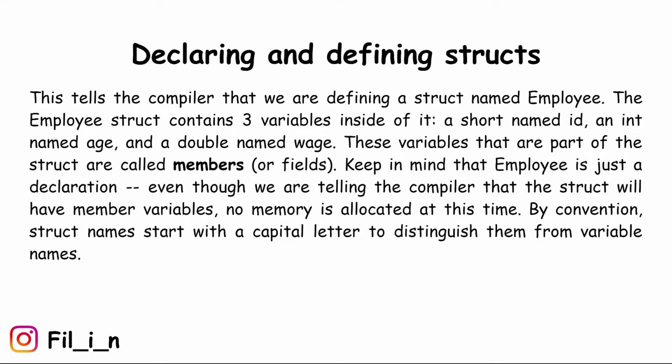The Employee struct contains 3 variables inside of it, a short named id, an int named age, and a double named wage. These variables that are part of the struct are called members, or fields.